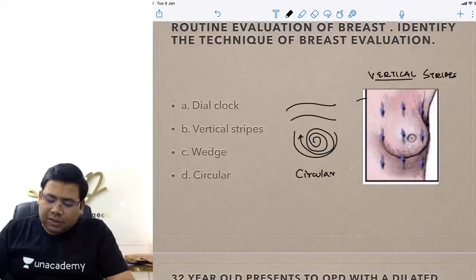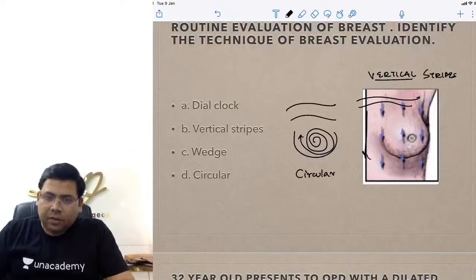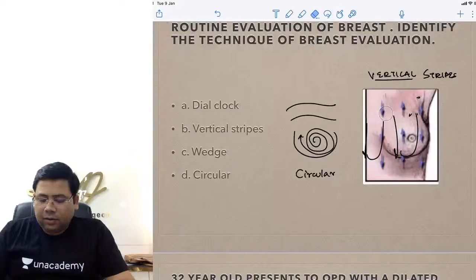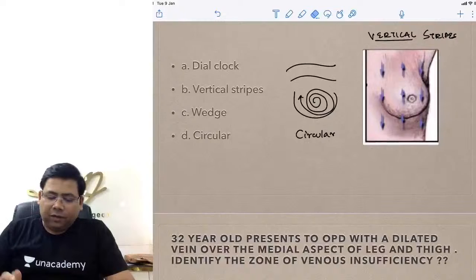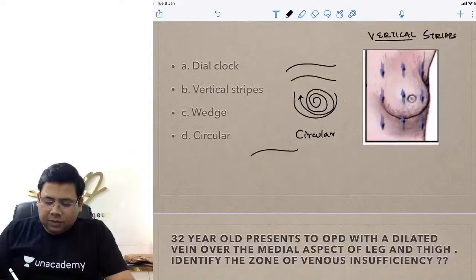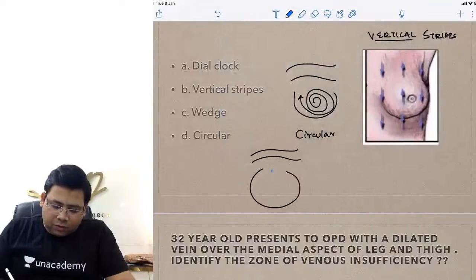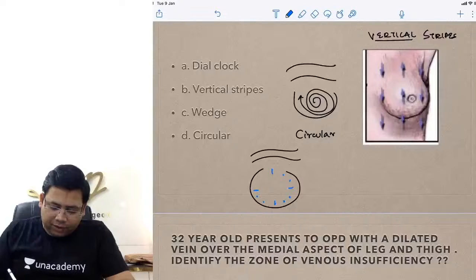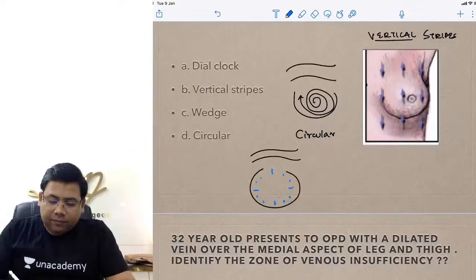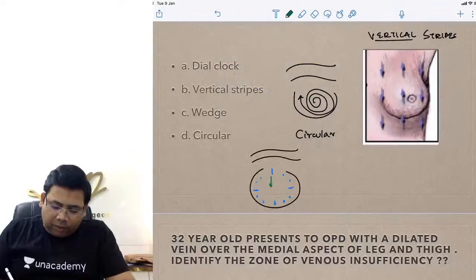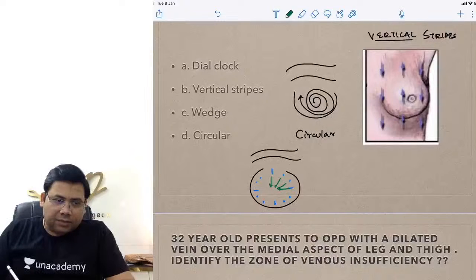Then there is one more very famous technique. We divide the breast into a dial of a clock: 12, 9, 6, 3, 1, 2, 4, 5, 7, 8, 10, 11. And then we are moving from out to in. What is this technique known as?